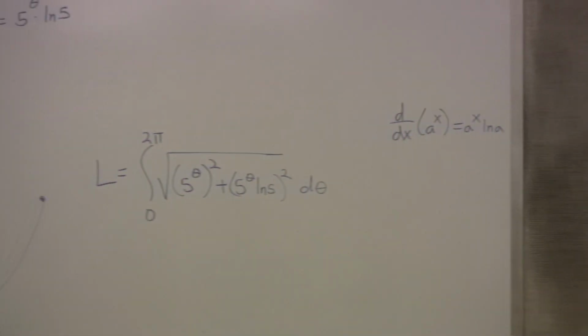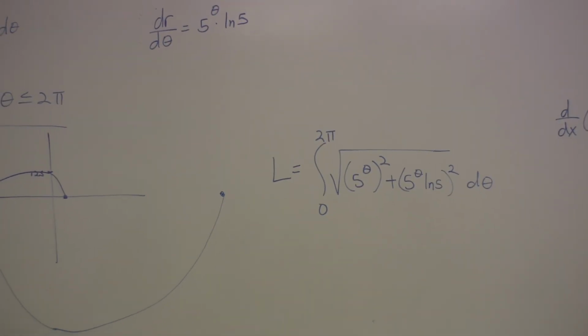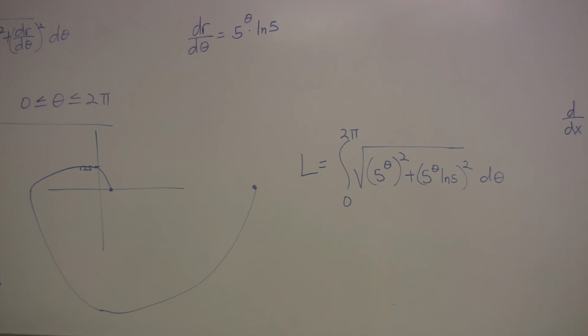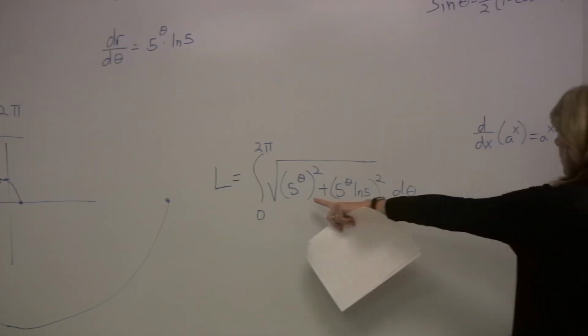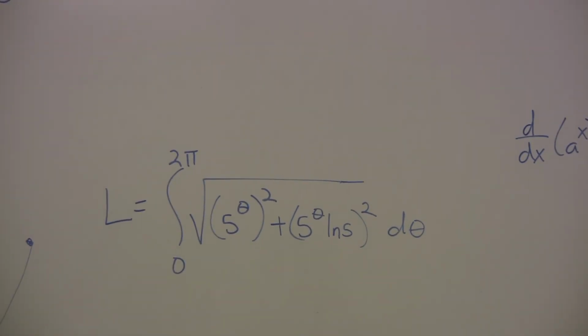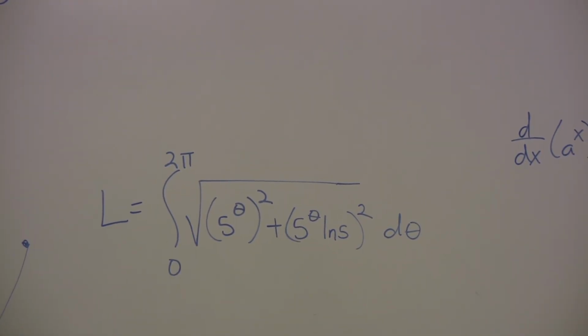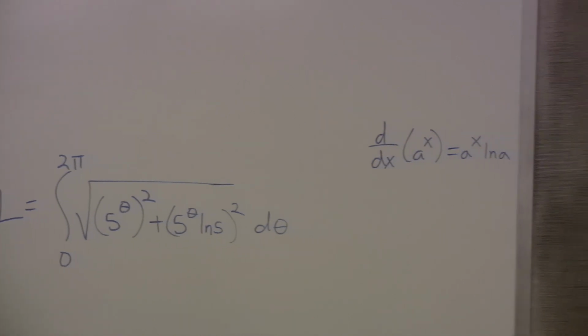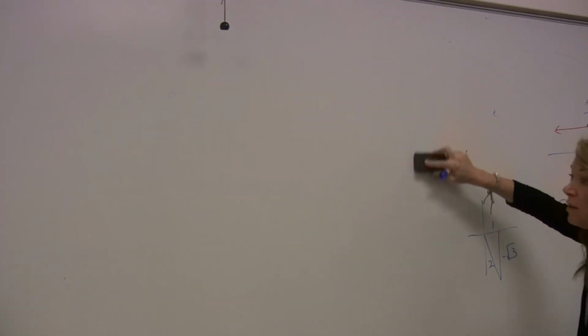What's a nicer way to write 5 to the theta, the quantity squared? Use your algebra. What are your rules for exponents? You just multiply them, right? Because we raised the one exponent then the other one.